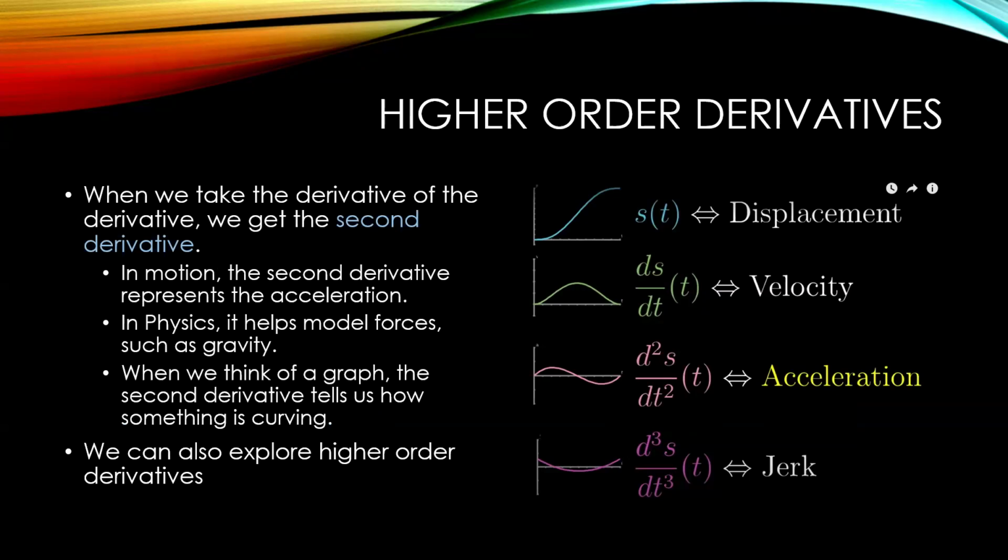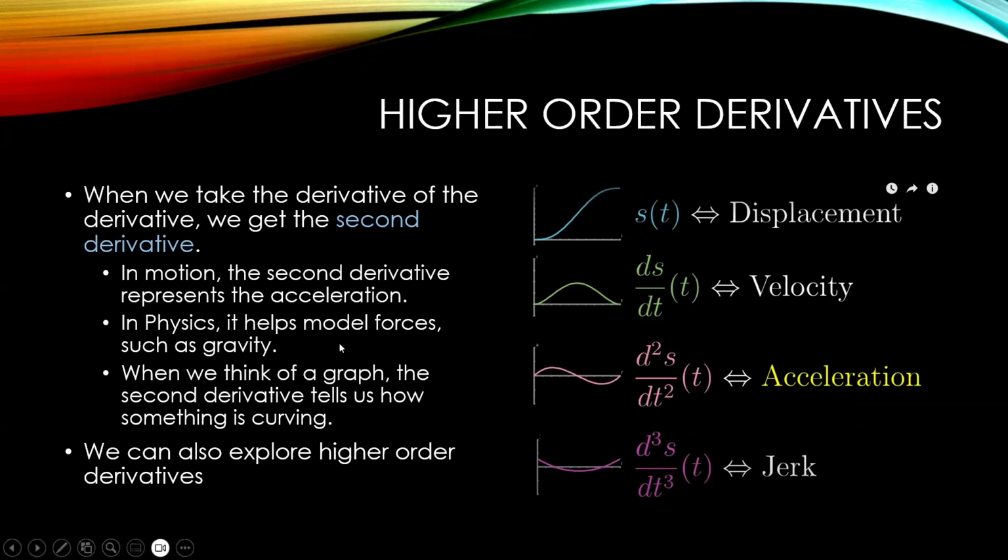We also have higher order derivatives though, and these can have a little bit more impact, particularly in the physics world. And so when we take the derivative of the derivative, we get what's called the second derivative. In motion, the second derivative represents acceleration. So how fast is something getting faster, or how is it decreasing in speed?